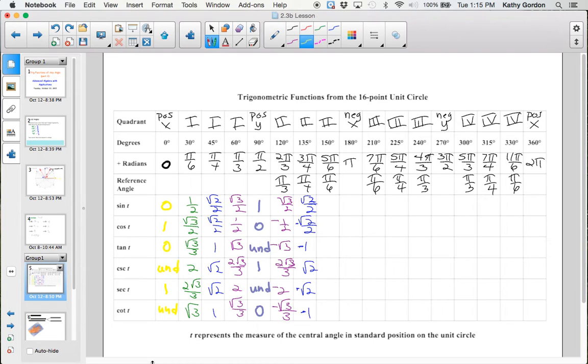It's just a matter of which ones are undefined based on which coordinate was 0. Okay? So that should be enough info to allow you to fill out the rest. Find the patterns, use them, think about numbers, and think about plus or minus signs, and fill in the rest as part of your homework.